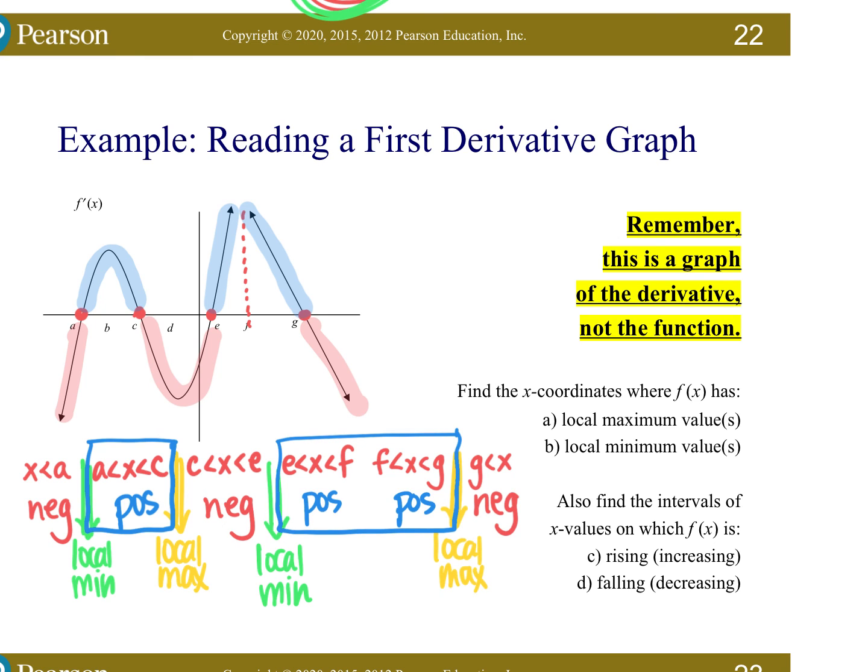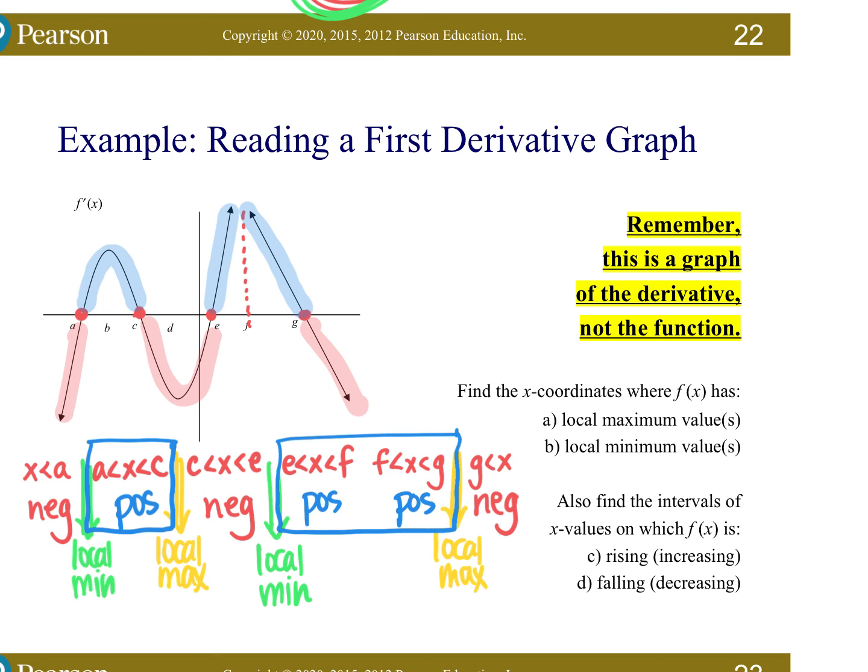The derivative is above the x-axis. All you have to say is, it's positive. That's all you gotta say. The derivative is positive. You don't have to be fancy about it. That is why it is rising and increasing. Okay, so then we have the opposite is true. Everything else would represent a decreasing or falling section of the graph.